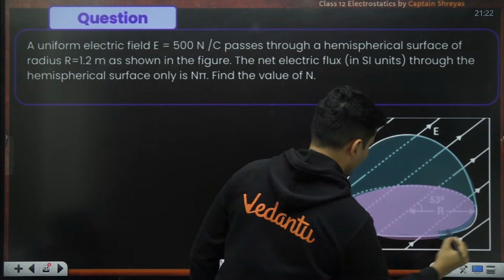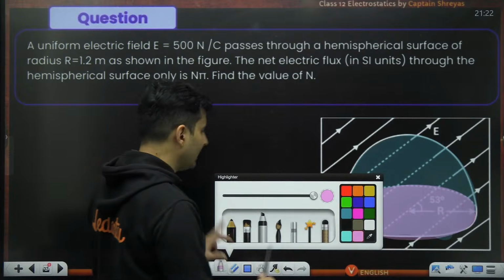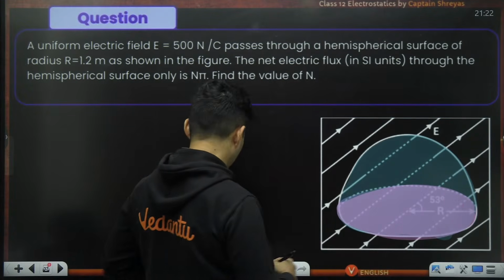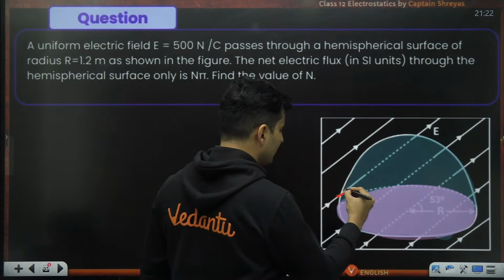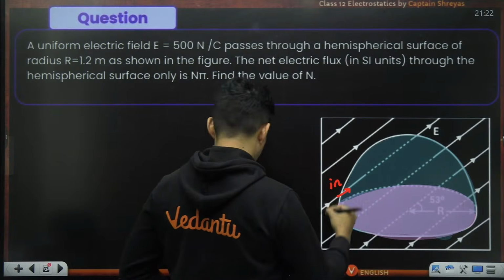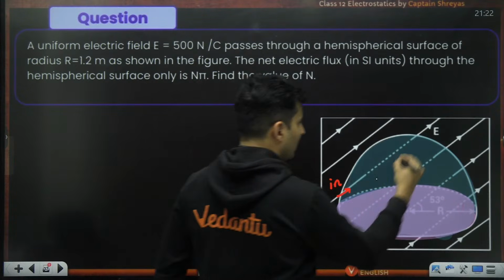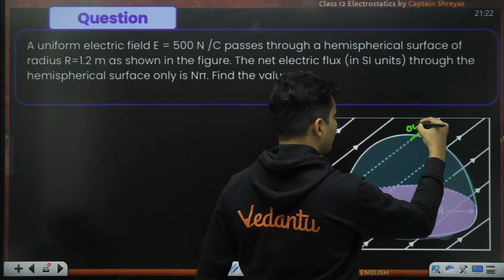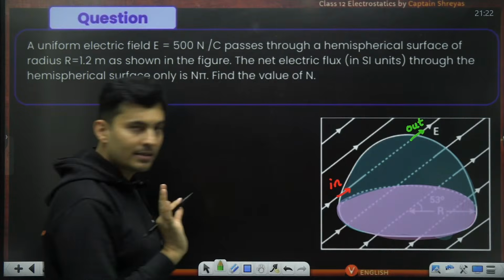Why is it true? Just look at some of the field lines, guys. It is very obvious. This one is going in, and the same field line is coming out over here, so this has no contribution to the flux.